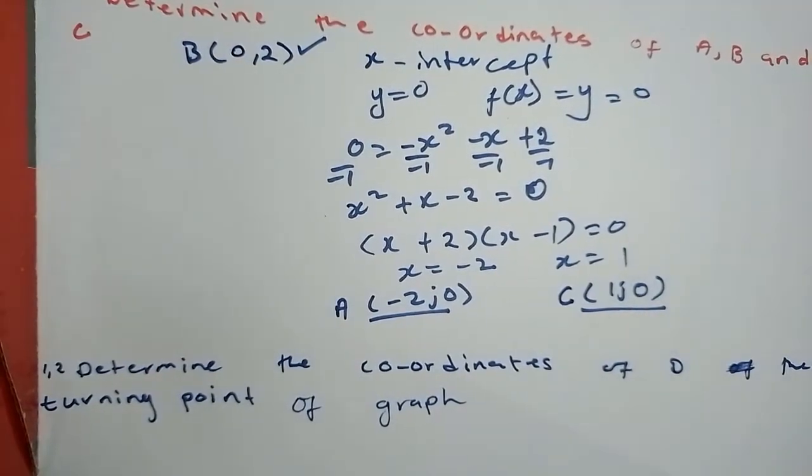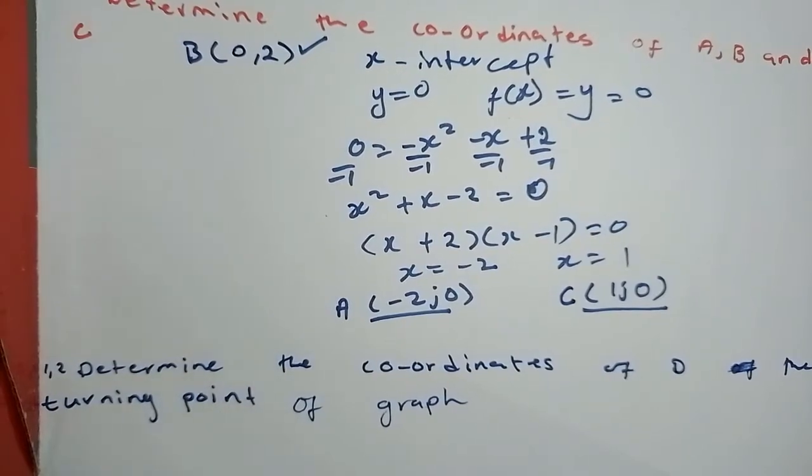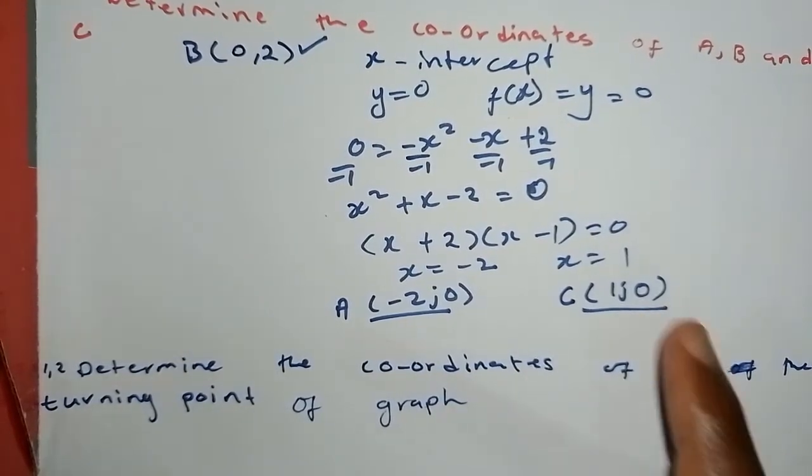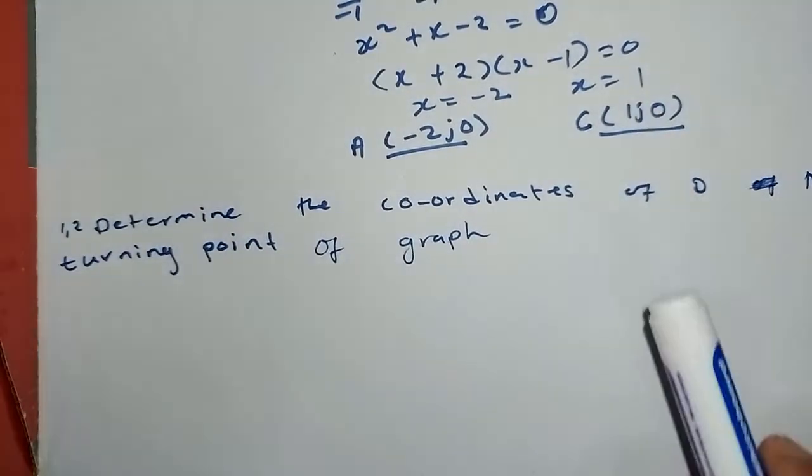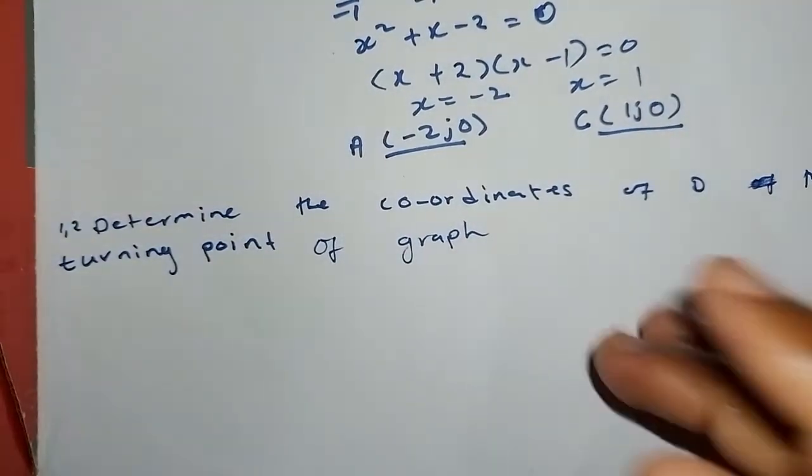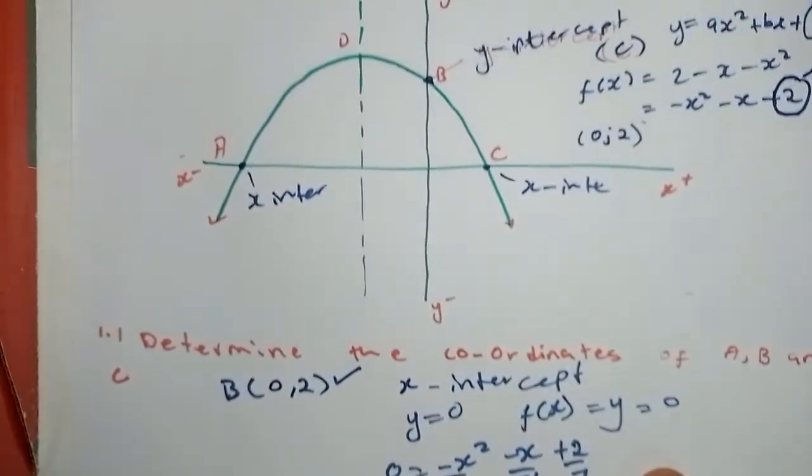Let's move to the next question. We are required to calculate the coordinates of D. What is D? D is the turning point of the graph.